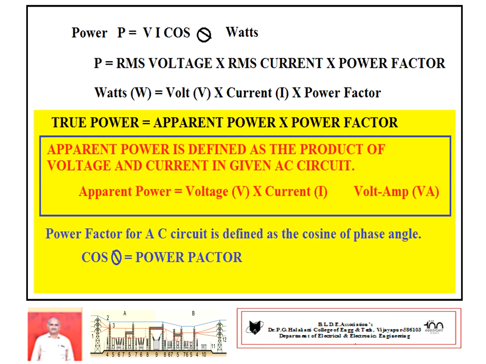So true power equals apparent power into cos theta. What is the power factor? Once again, the power factor of the AC circuit is defined as the cosine of the phase angle. The phase angle is the angle between voltage and current. Try to remember. This is the last question in your assignment.